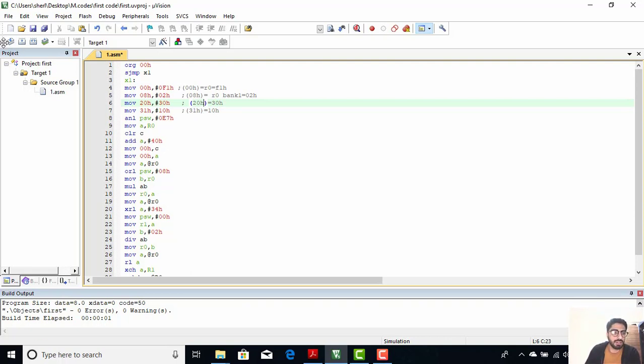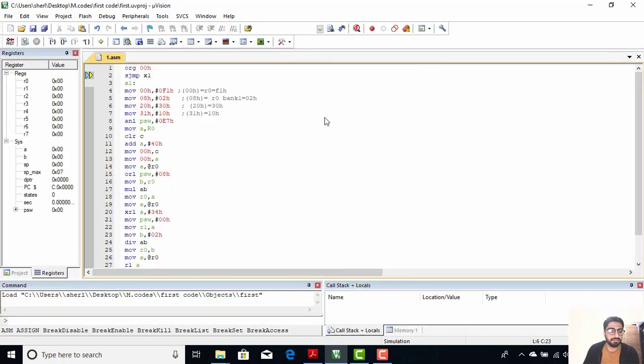Let's run the program. First of all, we need to translate it to ensure there are no errors, no warnings. Then we need to build it, then rebuild it to ensure that everything is okay, and then we can run the program.